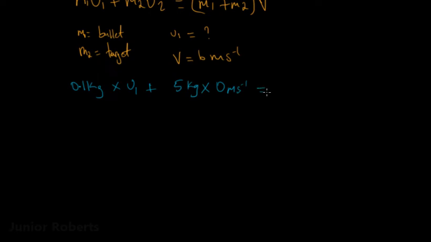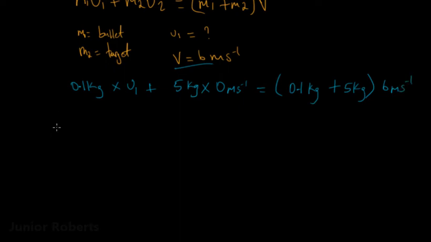That is equal to the mass of the bullet, 0.1 kilogram, plus 5 kilograms, times V, and in this case V is 6 meters per second.